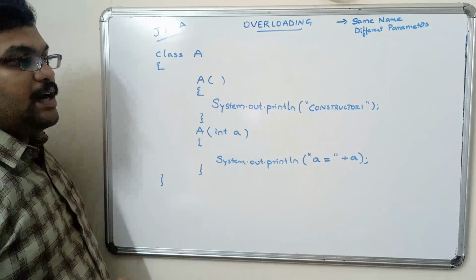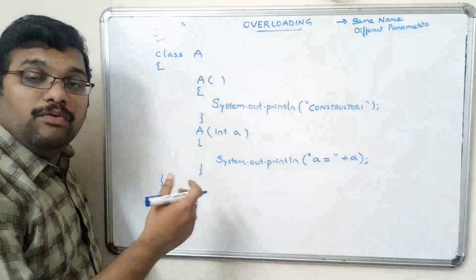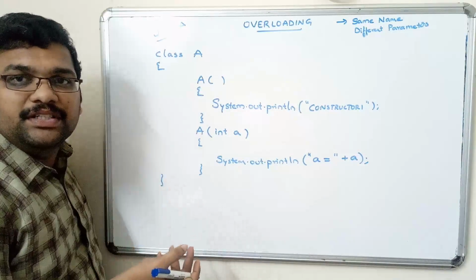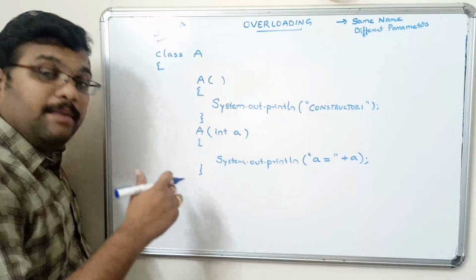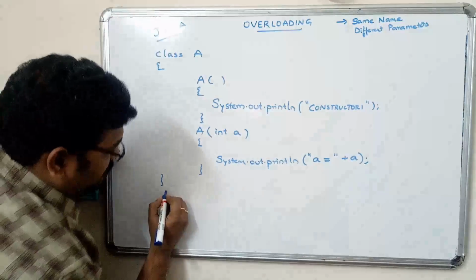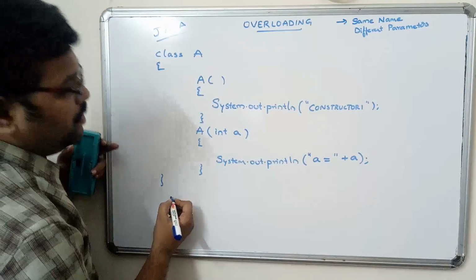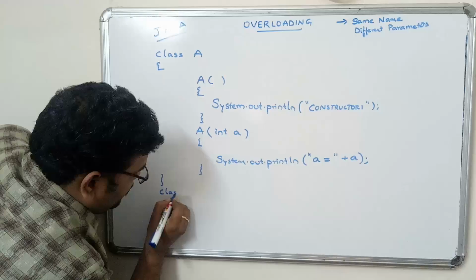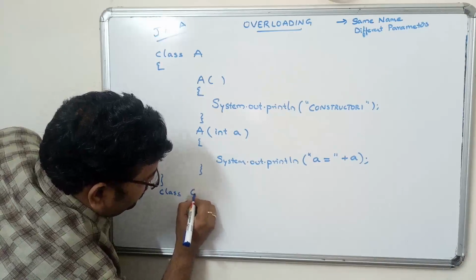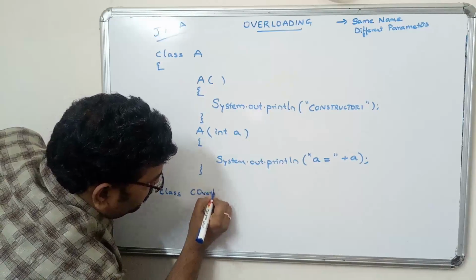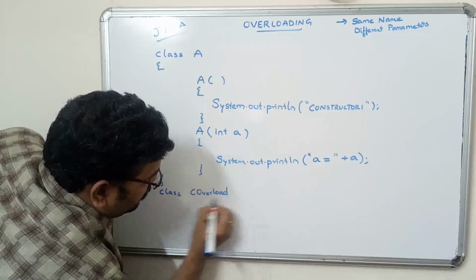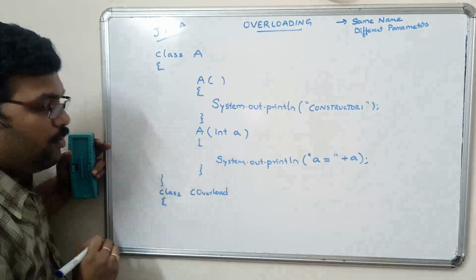So I am writing the constructor class. Now I have to write the main function. Okay, so for that I am writing one more class. So let us write the class here. Class C overload.